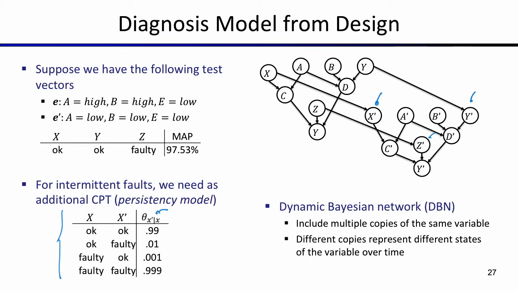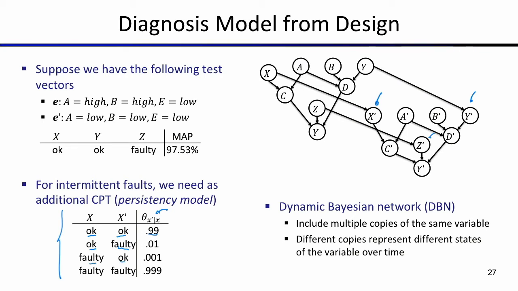For instance, for going from OK to OK, we have 0.99 probability. So one gate that's OK tends to stay OK. We can transition from OK to faulty with 0.01 probability. And once we are faulty, coming back to OK is going to be very unlikely.